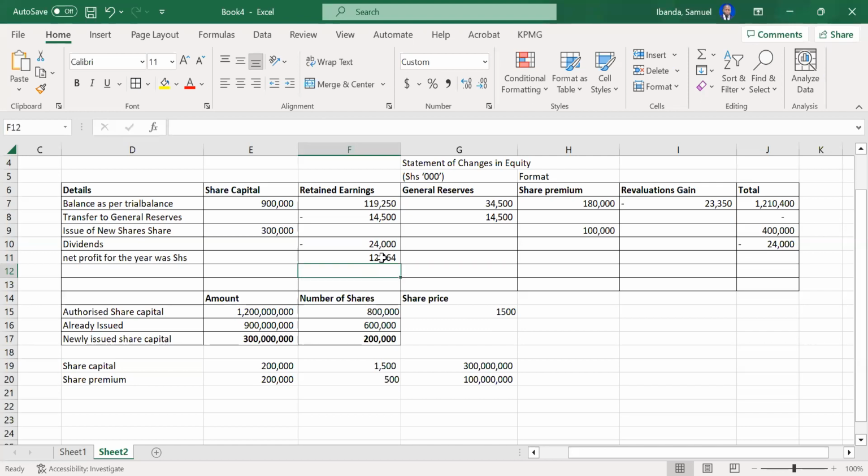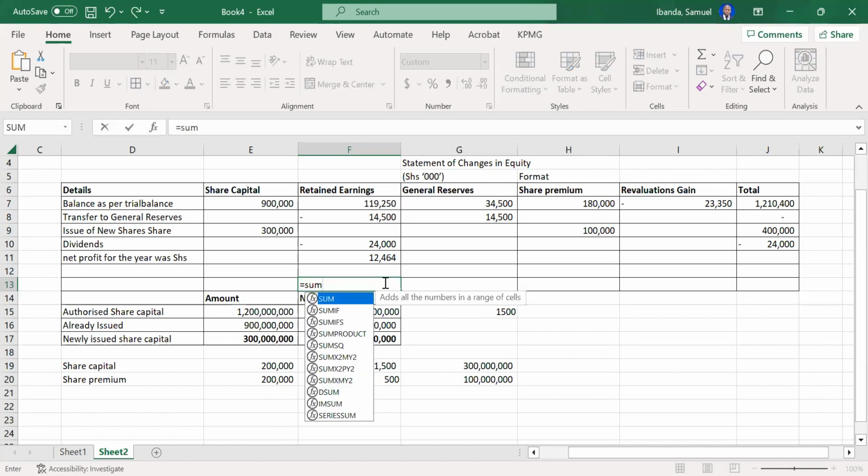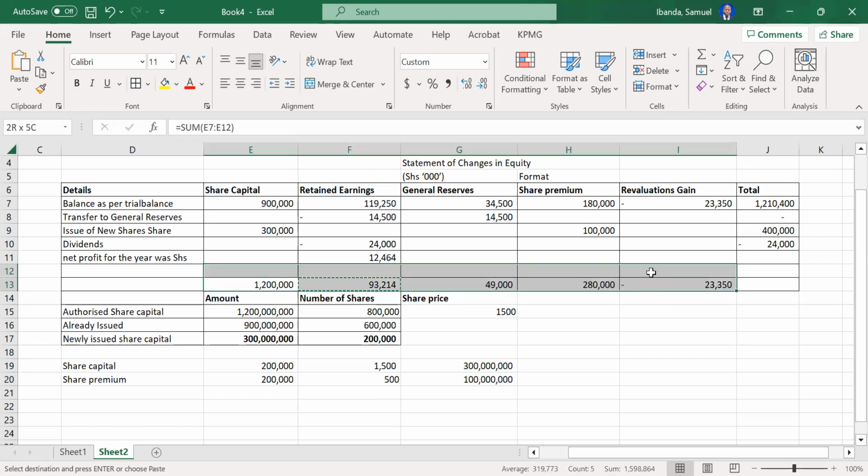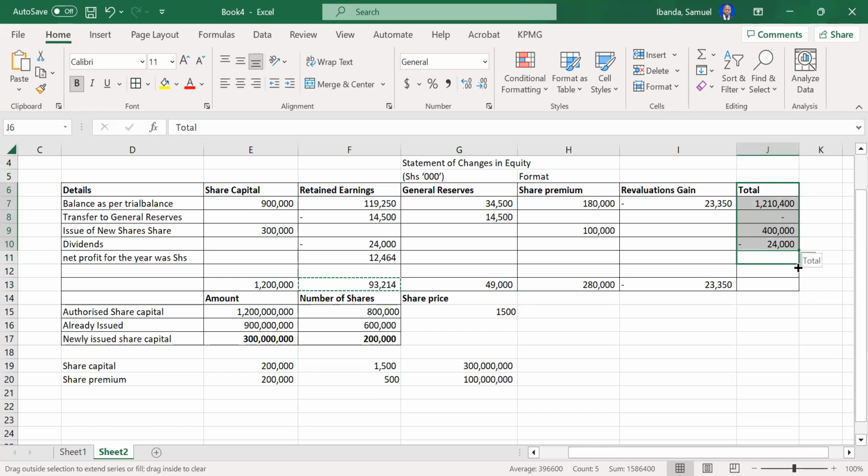So once I have my profit here, I've now actually gotten all the information that I needed. So I'll just come and add all the columns. I'll add these columns here, here, here, here, here. So as you can see, the total here should be the total here. So I'll also try to get the column here.